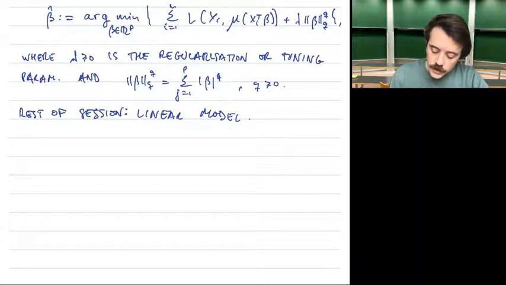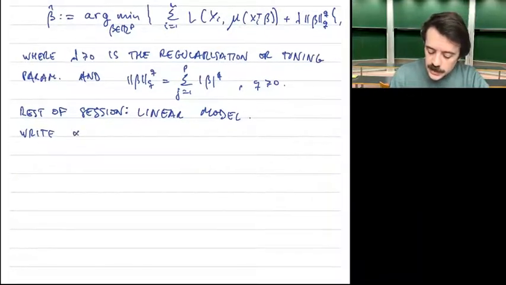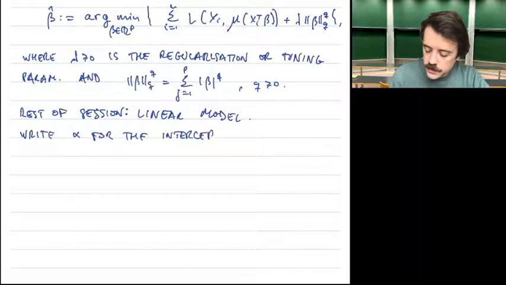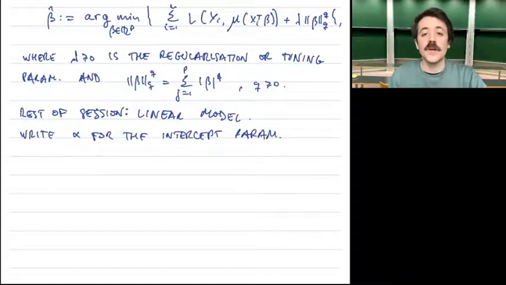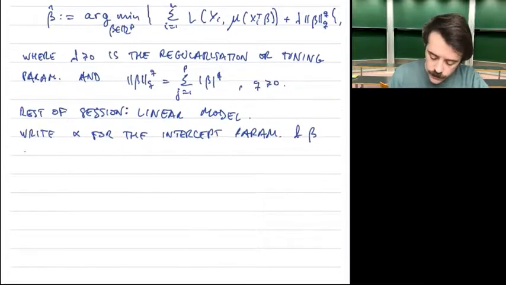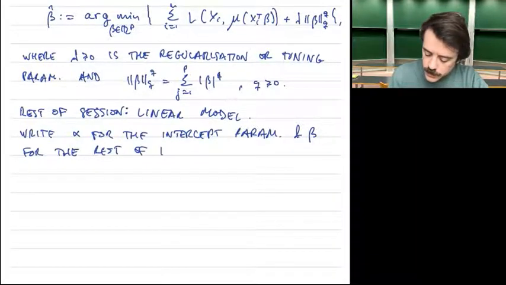So let's introduce some notation. We're going to change the notation slightly. Write alpha for the intercept parameter, and beta for the rest of the parameters.